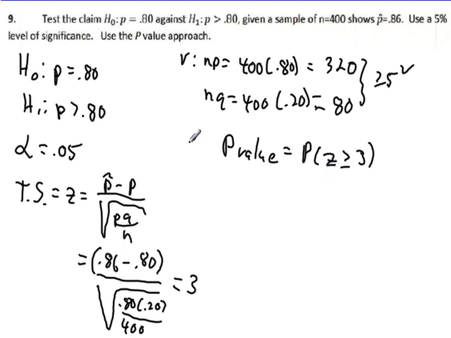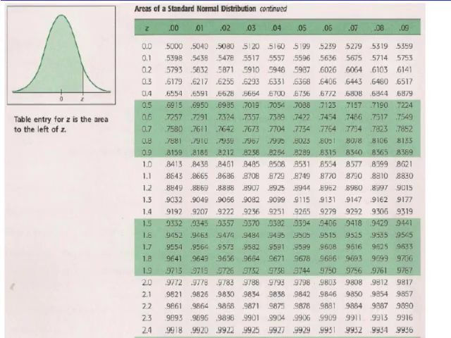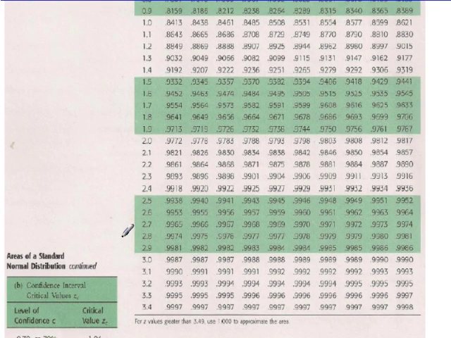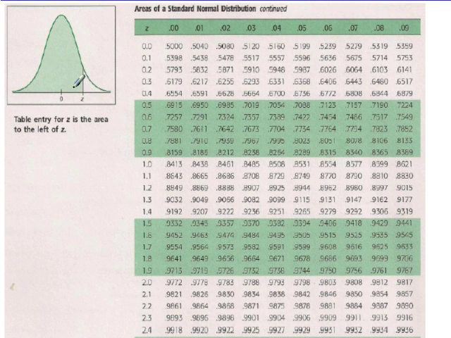So on our z table, let's look up 3.00. 3.00 gives us 0.9987. But remember, that's always the area to the left, so we have to subtract from 1 in order to get the area on the right.